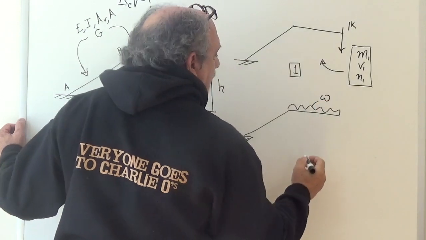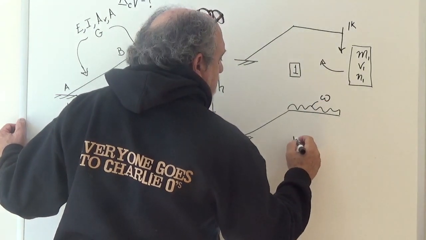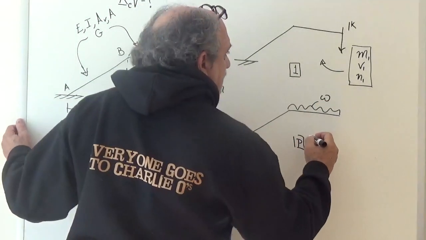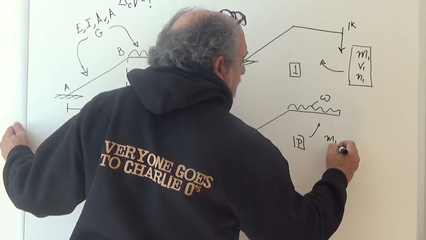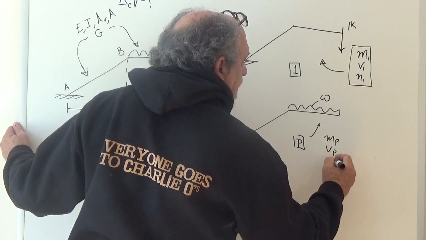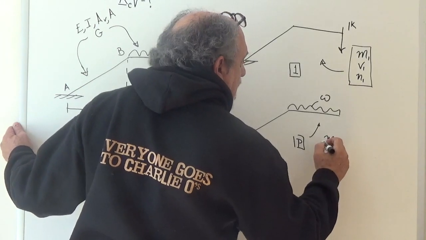W, and this is the P-sketch, and from this sketch we're going to find MP, VP, and NP everywhere.